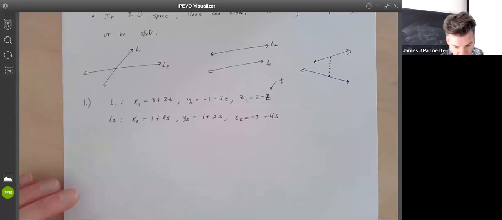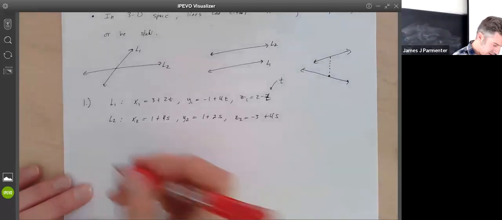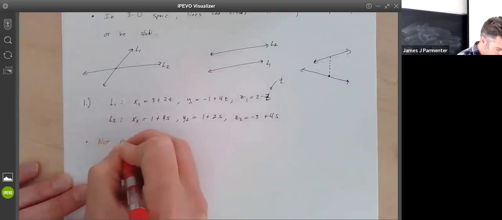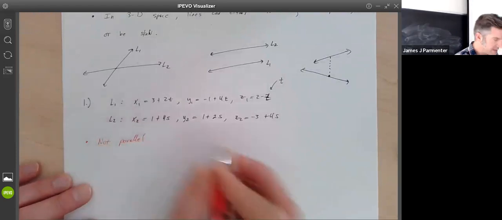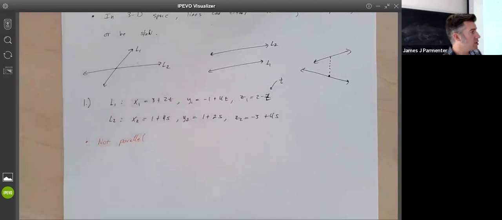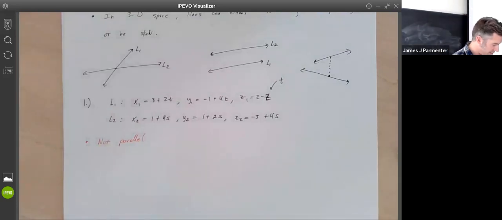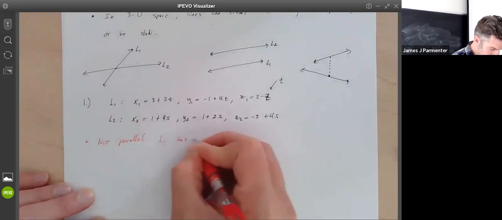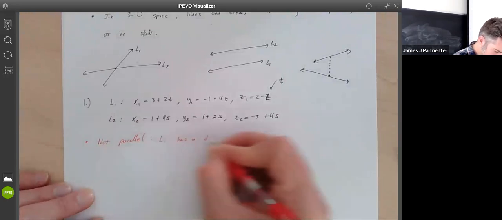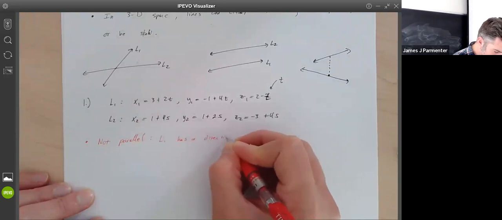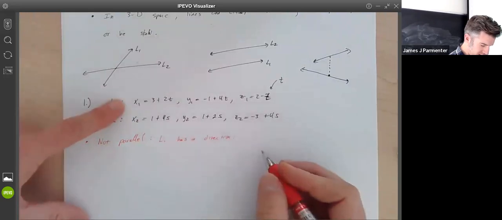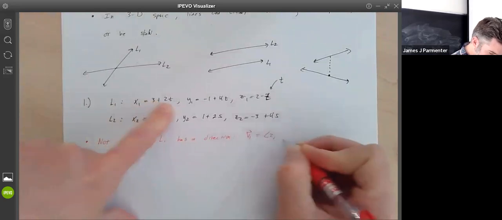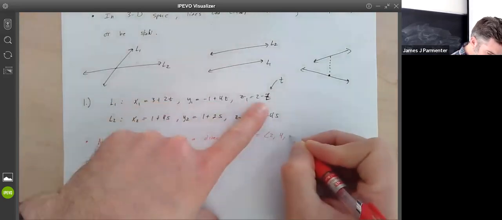So first thing to notice is they're very easily seen to be not parallel. The way we can see that is their direction vector part is not the same. L1 has a direction that's just the coefficients of t, so the vector 2, 4, -1.